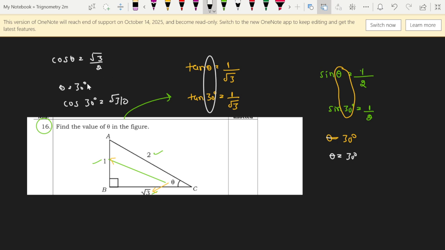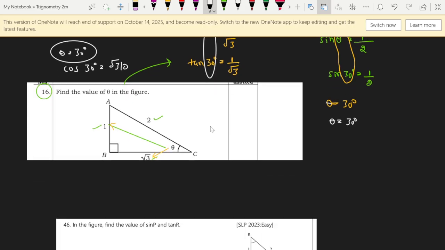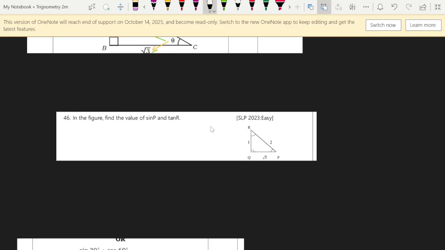Hence theta is equal to 30 degrees. Again, here we can prove that sin square theta plus cos square theta is equal to 1, all the three identities, and we can find secant theta, cot theta, and cosecant theta, just for practice. Again, you can try this by yourself.